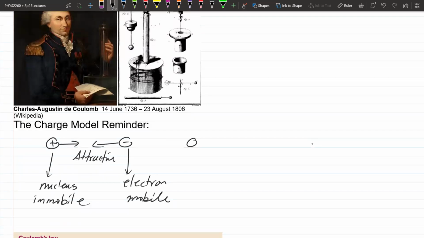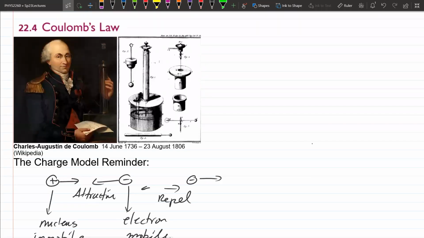If you have 2 negative charges near each other, they exert a repulsive force. And today we're going to learn how someone, namely this guy, that's why this section is called Coulomb's law, this guy, Charles Coulomb, probably looks like a French name, actually figured out how strong that force is.